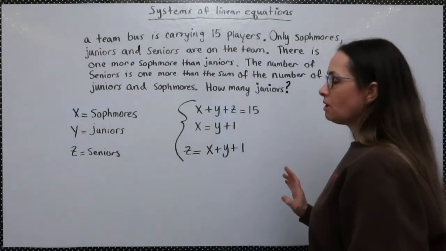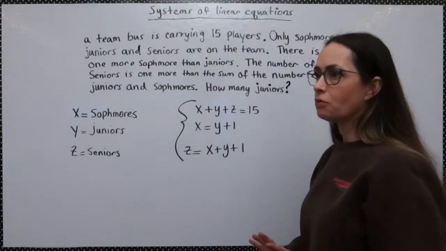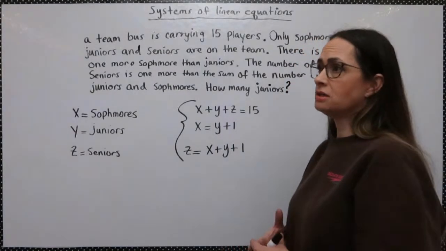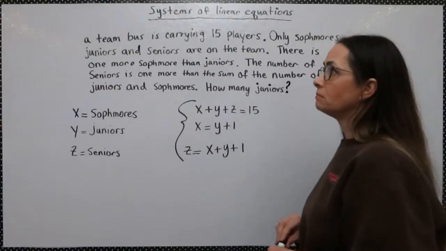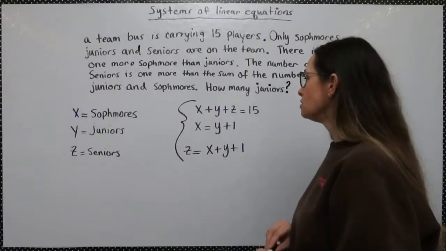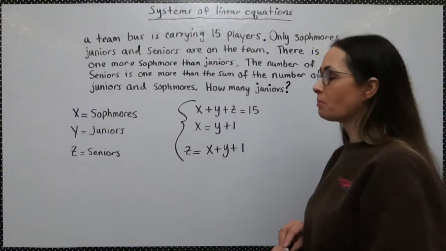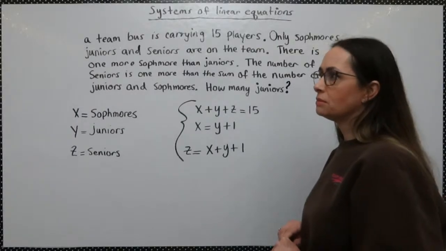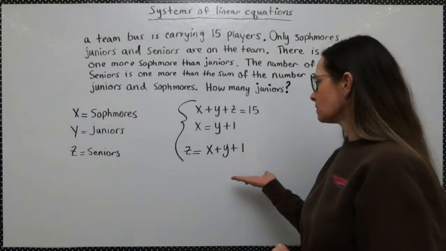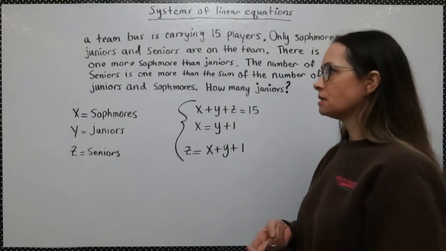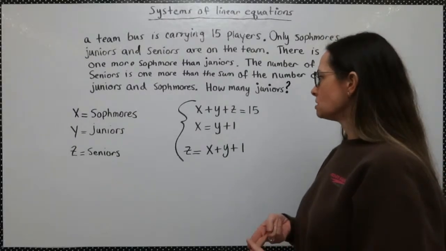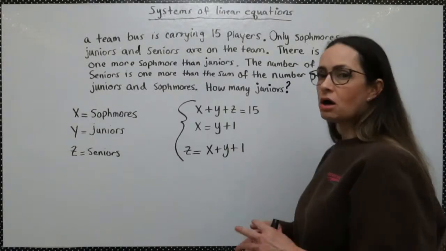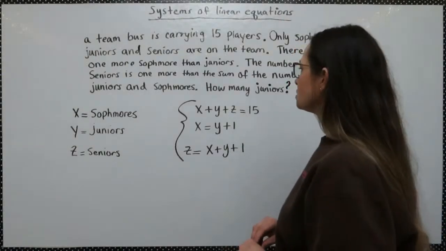You have these rules that you can perform on the system, and that confines you to basically adding, subtracting equations, multiplying by a scalar, and then adding any combination of those.